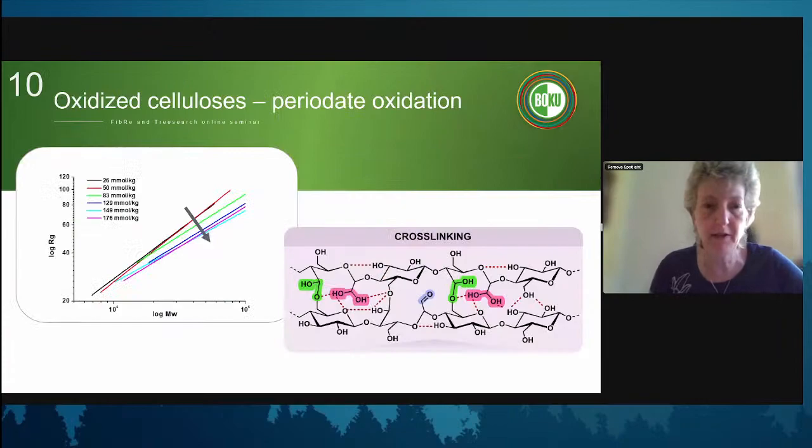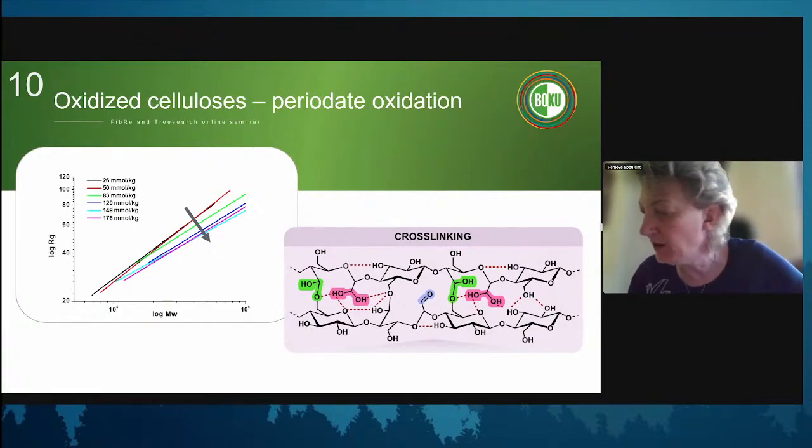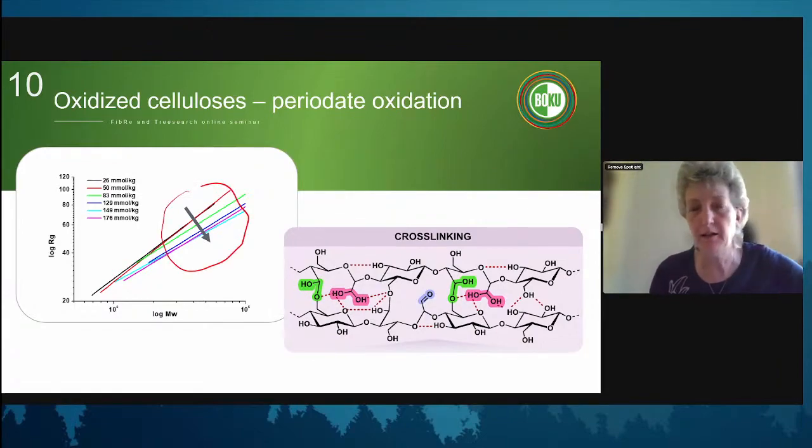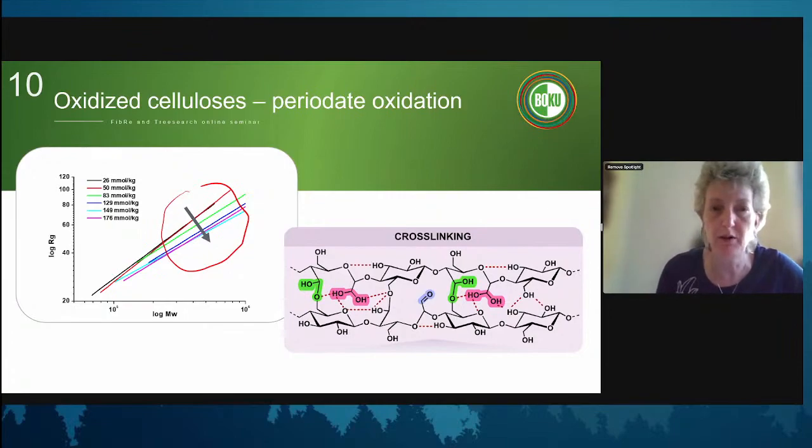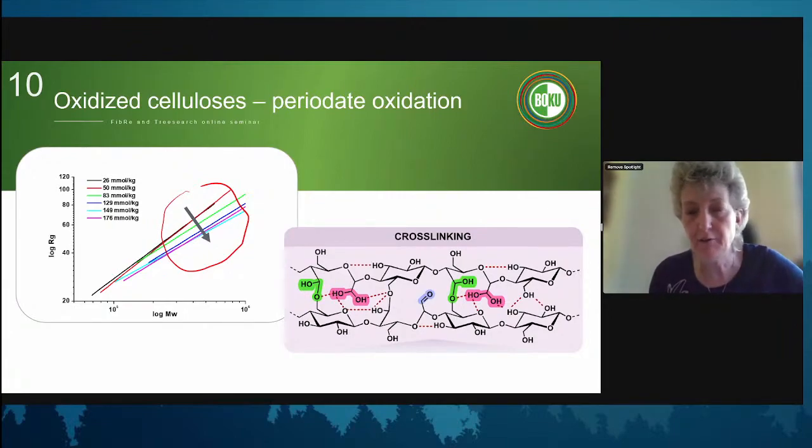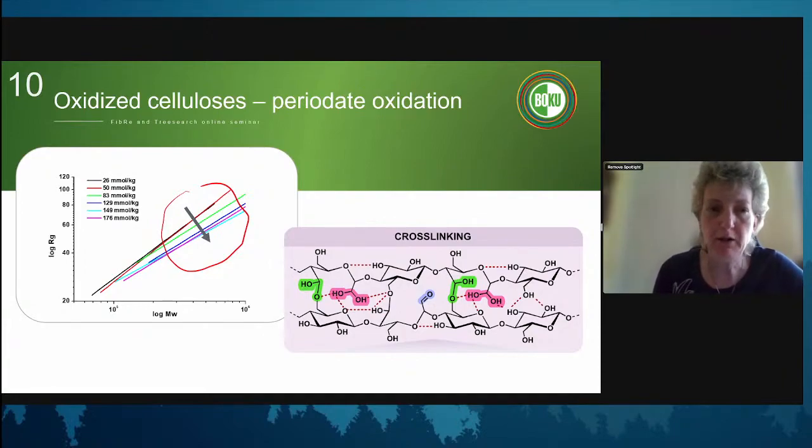Of course, the same thing also works for periodate-oxidized celluloses. We see the same thing here in the conformation plot: the more we oxidize, the flatter it becomes, and we can indicate from there that we have cross-linking. This is usually not a very reproducible process.